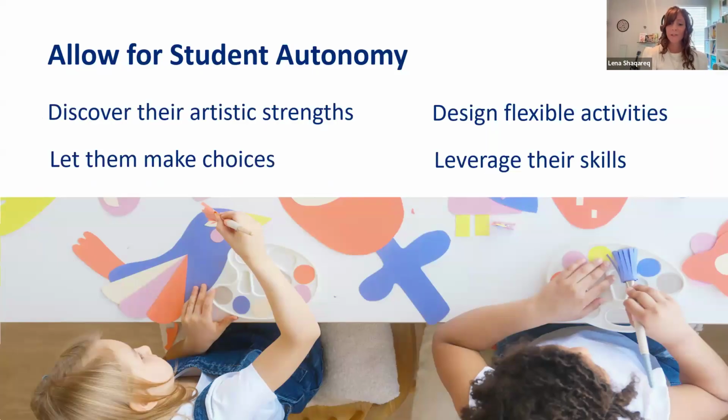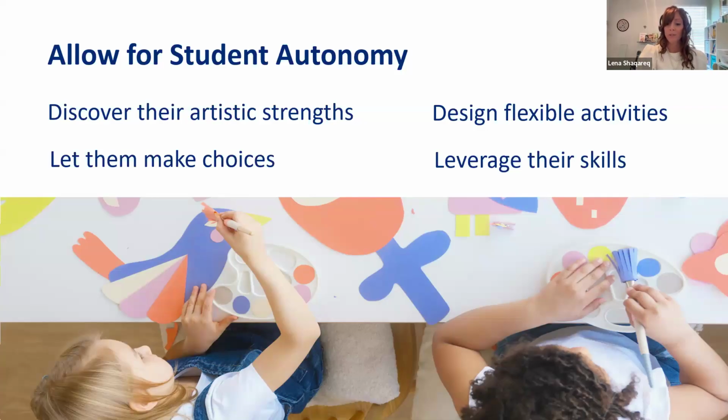You want to start by first discovering their artistic strength, of course. That way you can use that to your advantage and their advantage, really, when planning your lessons. Find out what art forms they like, how well they work with the different forms, and what interests them. You want to also allow them to make choices as to what art form they would like to use or how to express themselves.